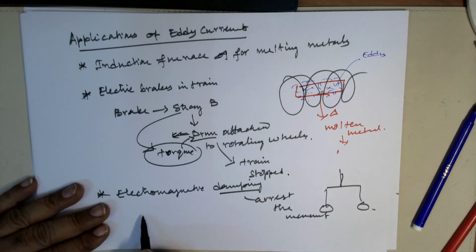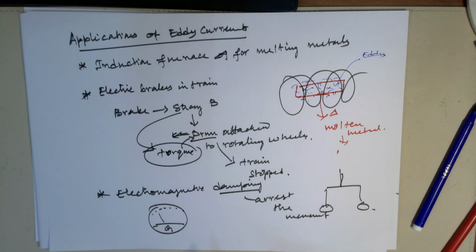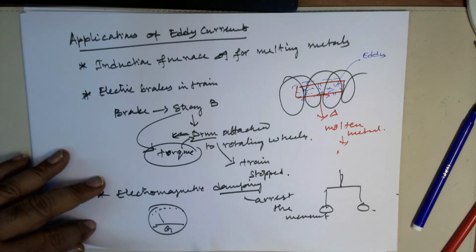And you've got the galvanometer, and it shows the reading, and it goes on oscillating, which means it would be difficult for you to measure the current, right? So in order to arrest the oscillating needle, you can apply the eddy current so that it damps the galvanometer.